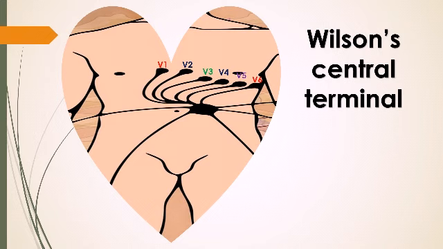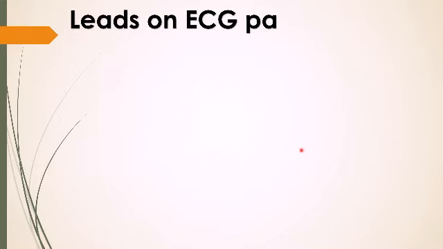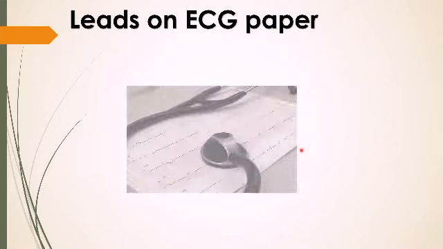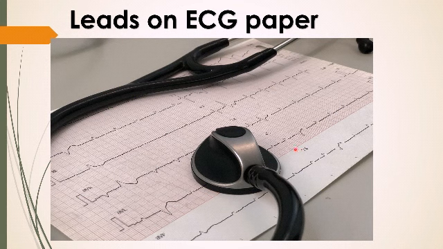Good. And these are the 6 chest or precordial leads. So guys, you cannot see the leads physically. You only see them on the electrocardiogram or ECG paper when it is printed out. So it will look like this. Here is lead 1, the first bipolar limb lead.